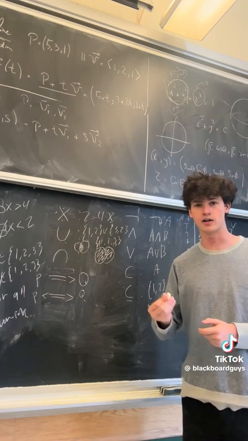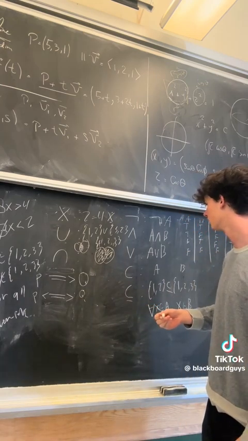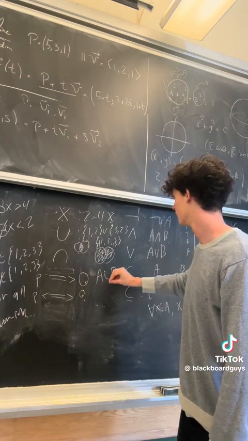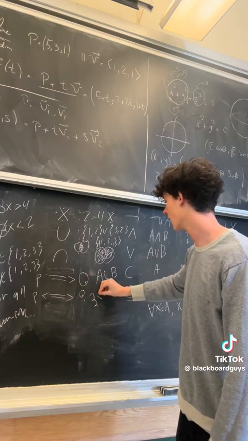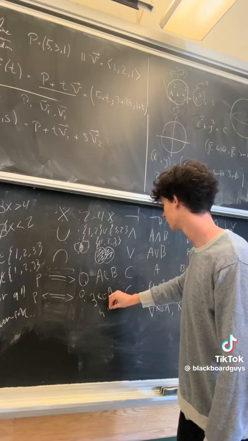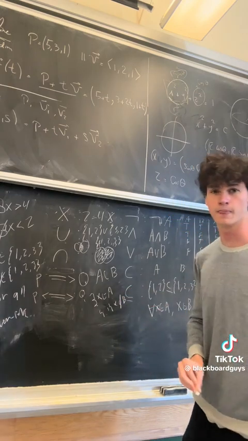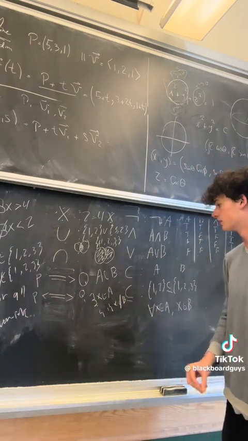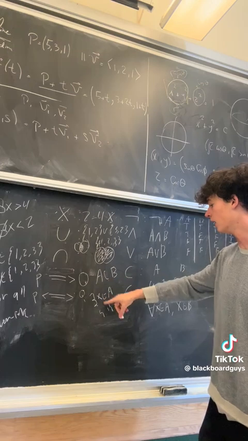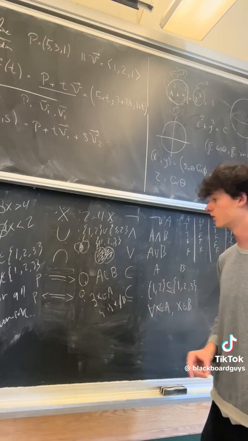So as long as you have at least one element that's not in it, if A is a proper subset of B, there has to exist an x in A such that x is not in B. That's how we would write that using that notation. So this reads, there exists an x in A, so we have an element in A, such that x is not in B. So it's in A, but not in B, okay?